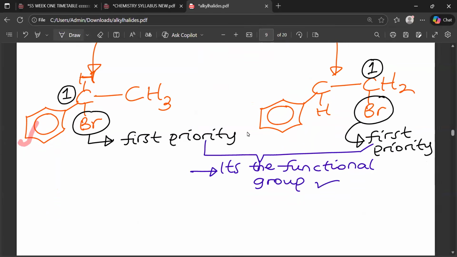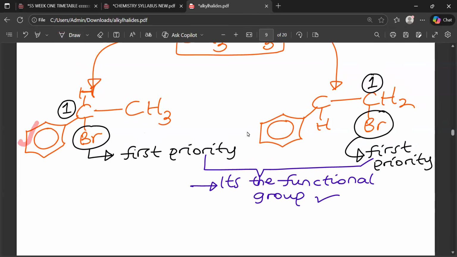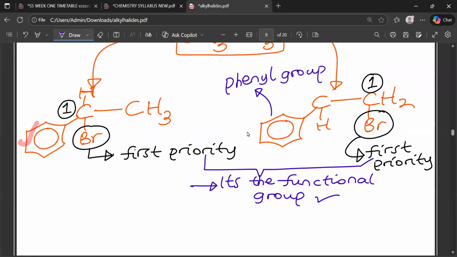But now the naming. I want you to listen carefully. Who can try? Because you know that this one is called the phenyl group. And we have already said these 2 carbons mean our parent is ethane.